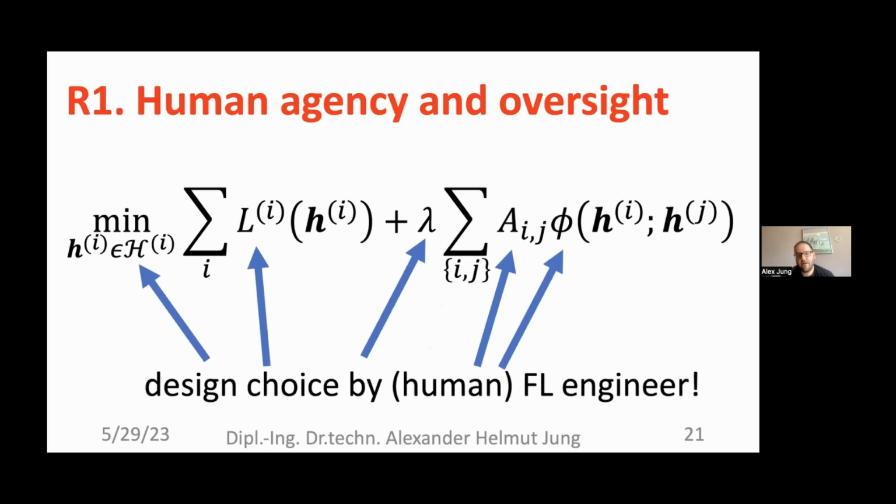It's exactly here where you choose what local models you use, what network structure you use, or indirectly by these weights. These edge weights define the network structure, and there are different options for choosing it. There's also a big field called complex networks, which studies which network structures are more robust to failures. For example, if some of the nodes fail to contribute to the federated learning algorithm because one of the nodes is my smartphone and I'm running out of battery, certain network structures can easily cope with such failures.